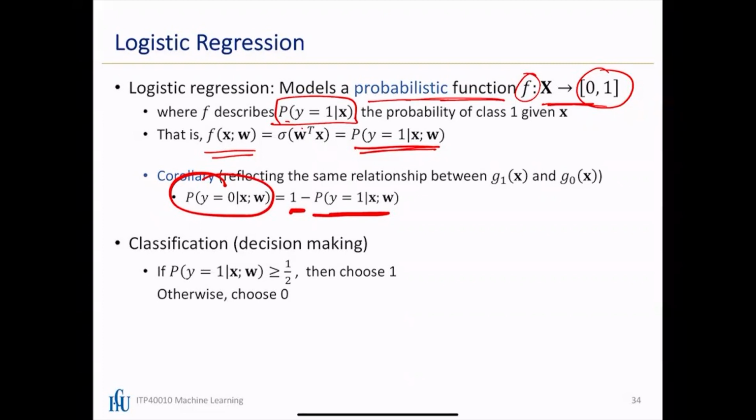So the probability of y being 0 can also be calculated. Once you have a function that does this, based on the heuristic decision rule, any probability larger than 0.5 lets you make a decision, summarized over here. If the probability of y being 1 is larger than half, then you can decide that y is 1.